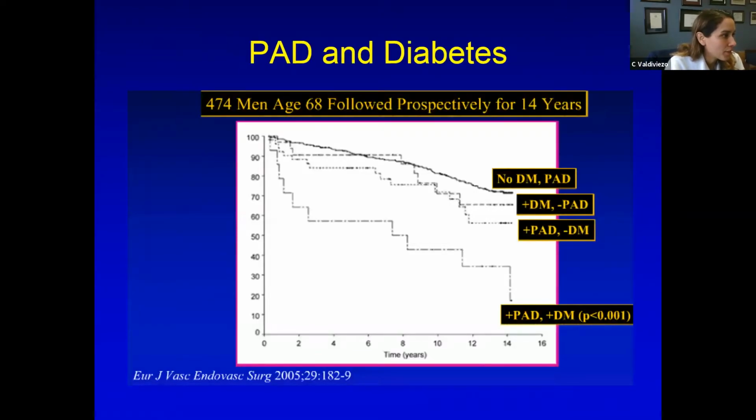The relationship of peripheral artery disease and diabetes has been obviously studied and well described. This is a study among 474 men aged 68 that were followed prospectively for 14 years.